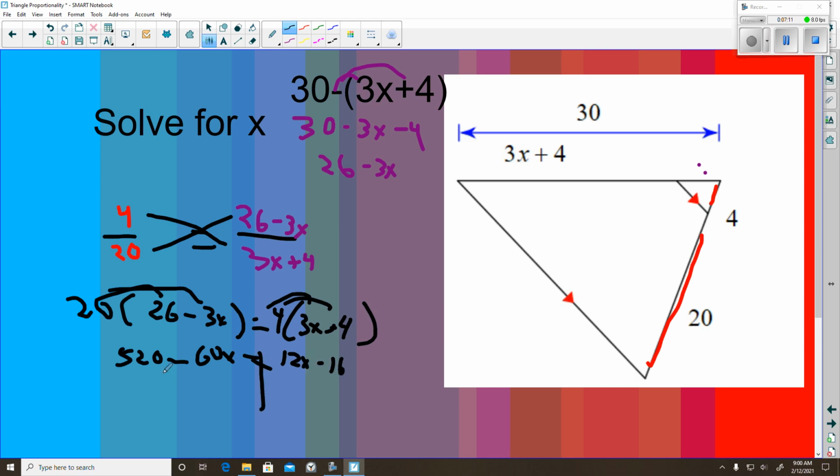Now you have to move your 60x to both sides, and then you need to deal with the 16.